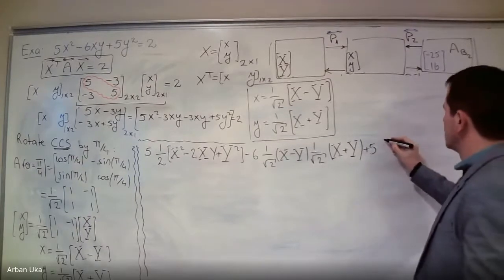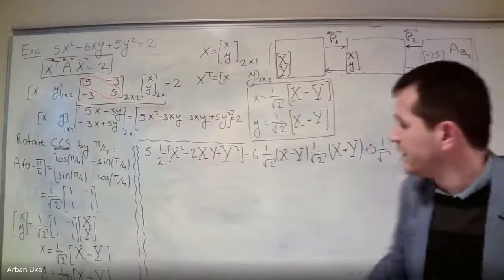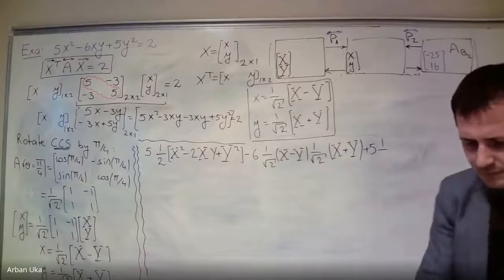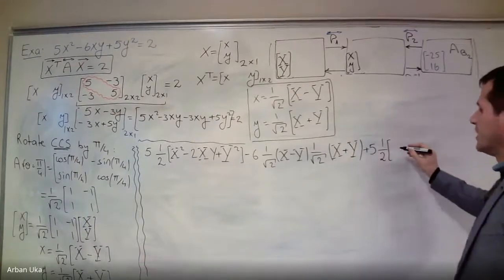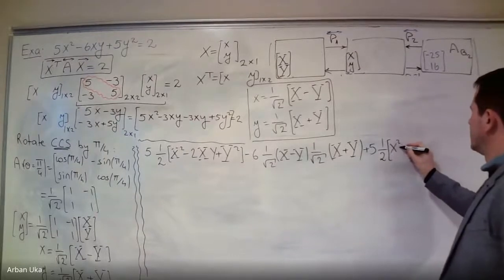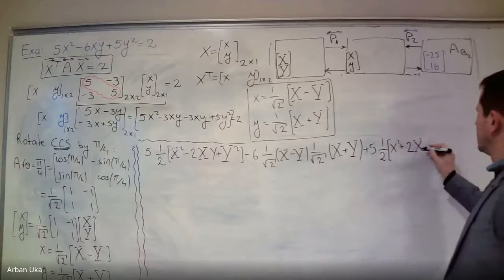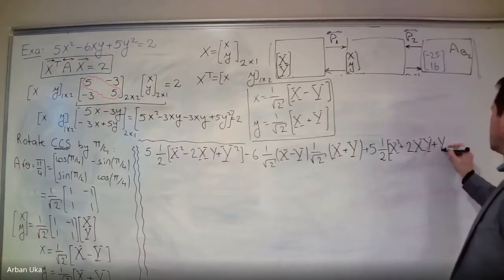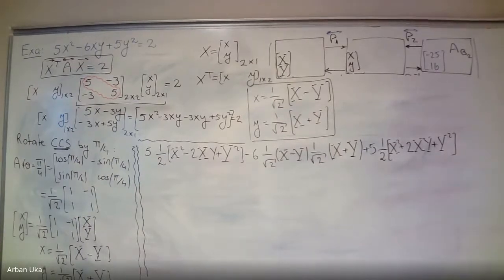The 5y squared would be 1 over 2, because square root of 2 squared gives 1 over 2, times x squared plus 2xy plus y squared.